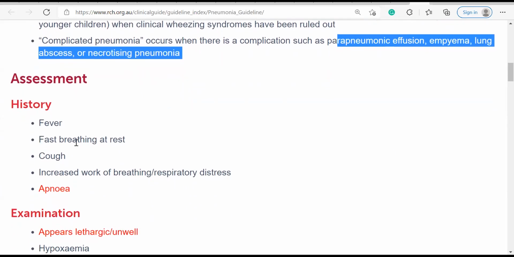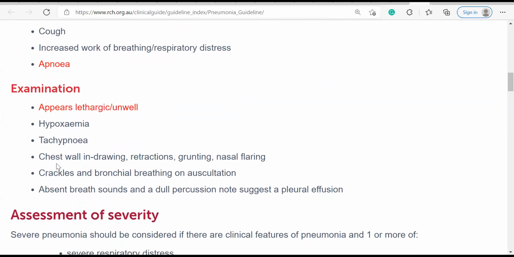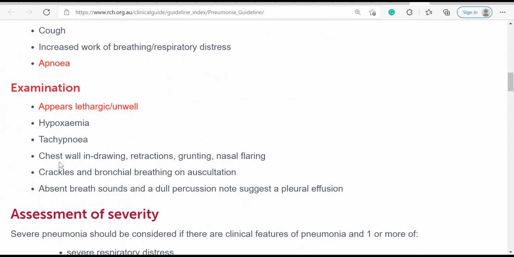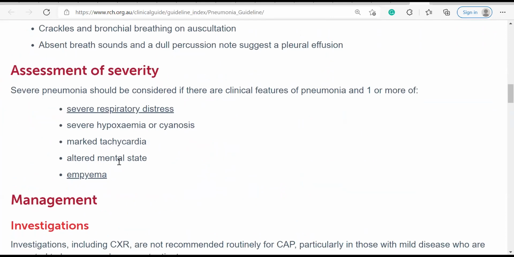The features are fever, fast breathing, that means very increased respiratory rate, cough with sputum production, sometimes even apnea. In examination, you might get increased chest wall indrawing, intercostal recessions, grunting, nasal flaring. And if it's consolidation, you will get decreased breath sounds with bronchial breathing on auscultation, and sometimes even an absent breath sound.